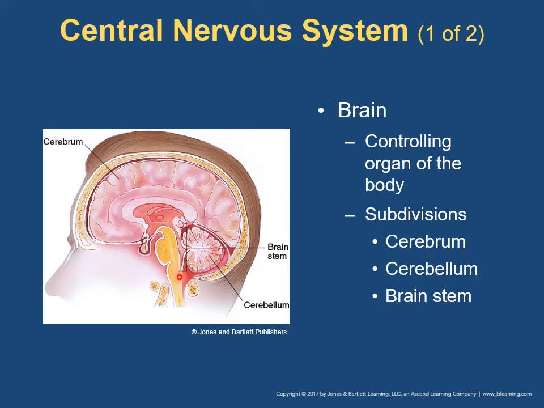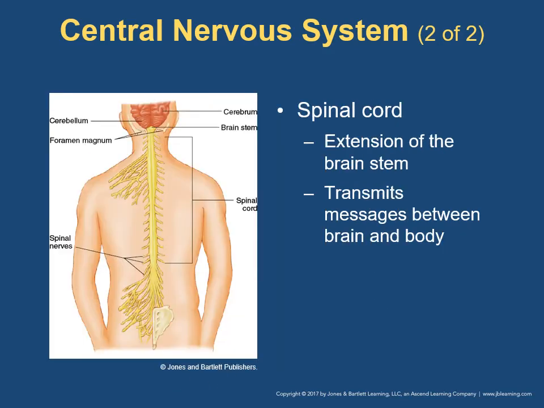And then the brainstem, which is here, controls body functions necessary for life, including cardiac and respiratory functions and regulation of consciousness. The brainstem is divided into 3 regions: the midbrain, the pons, and the medulla oblongata.